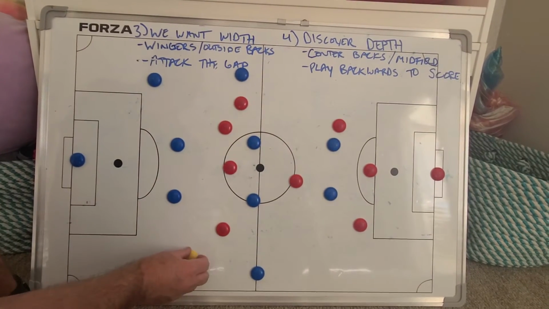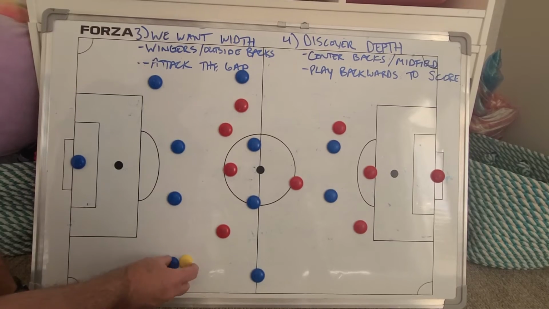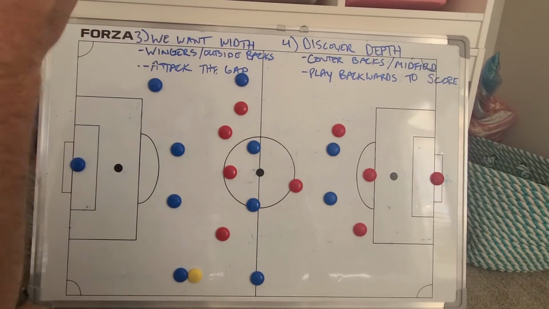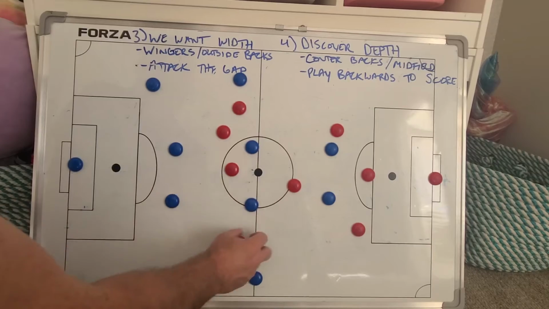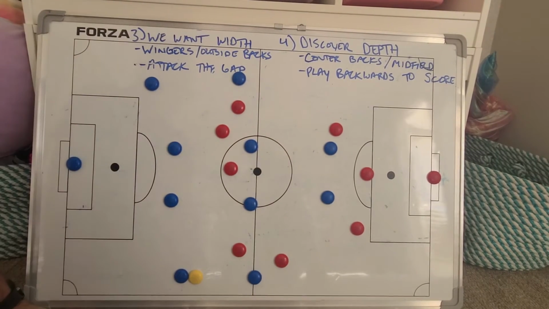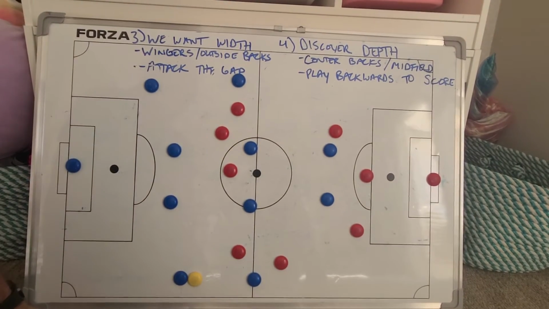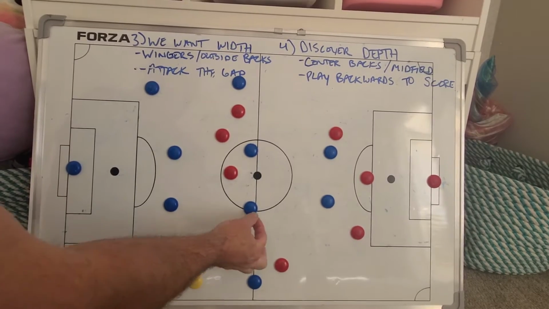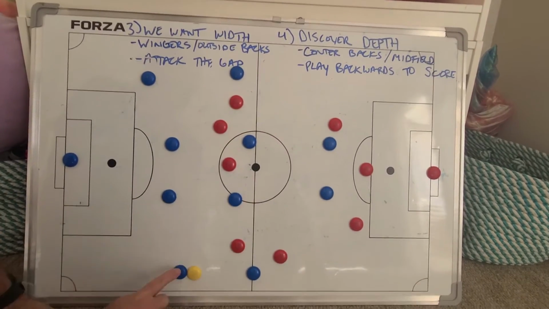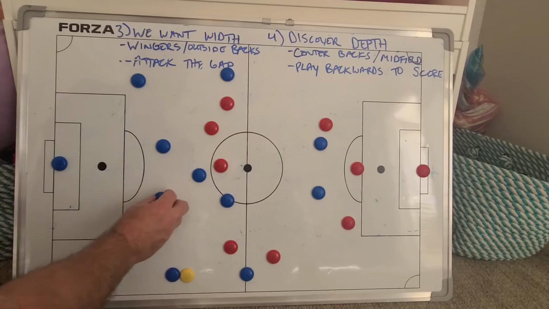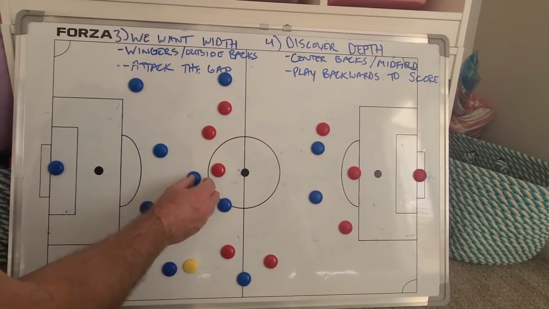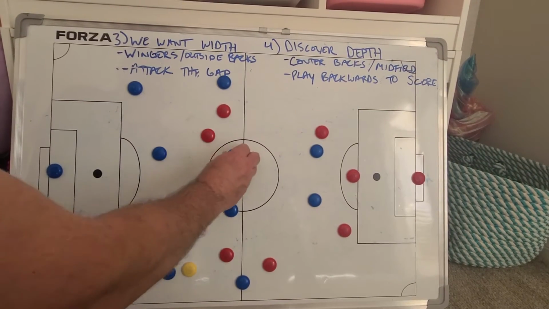So let me give you a scenario here. Let's say our outside back, our fullback has the ball and is looking at opportunities. We've talked about passing into the seams. One of the things we can do here is this center midfielder can check in here. This player could check in here, actually. Now we've got two passing options, versus just staying flat like in this, right?